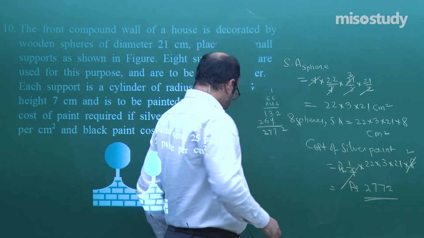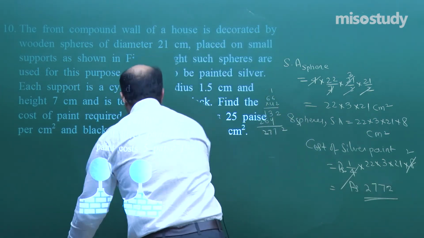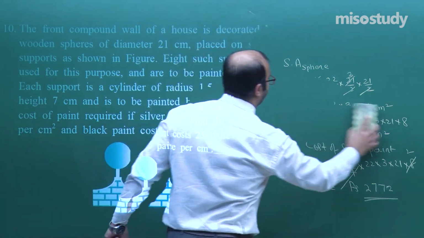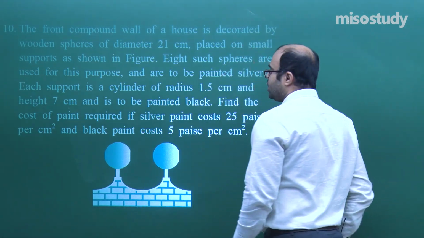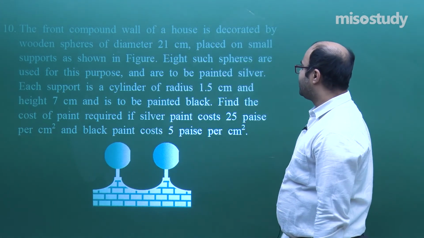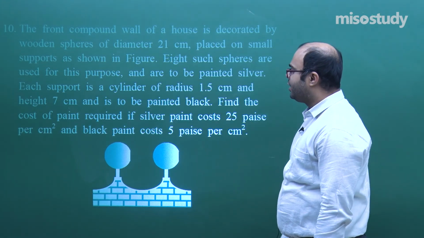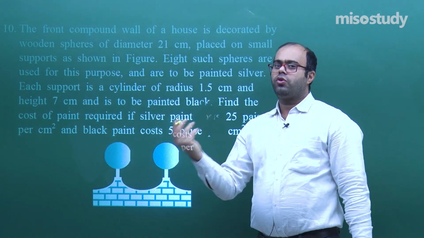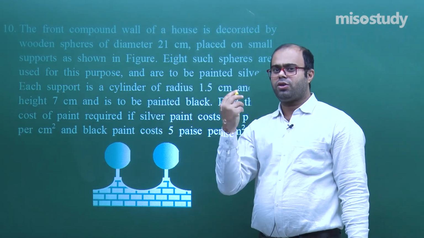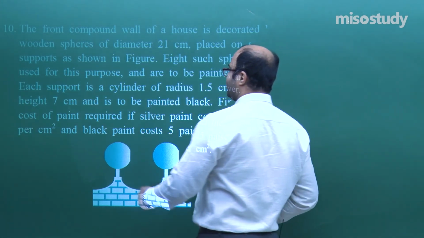Okay, students. Now, let us see for the cylindrical support, how much amount will be spent on that. It is given that height is 7 centimeter and radius is 1.5 centimeter. Since it will be painted on the curved surface area, we have to find the curved surface area first of the cylinder, and there are 8 cylinders.